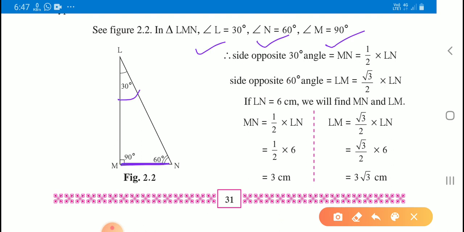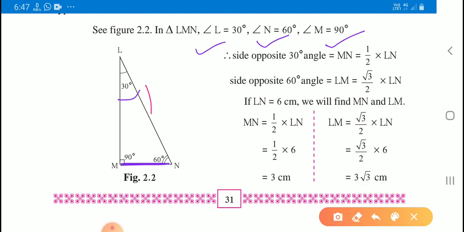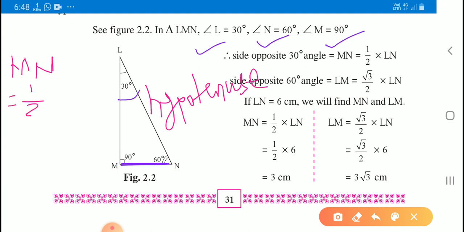So you can write MN is equal to half of the hypotenuse. The side opposite the 90 degree angle is known as the hypotenuse, so LN is the hypotenuse. So MN is equal to half of LN.